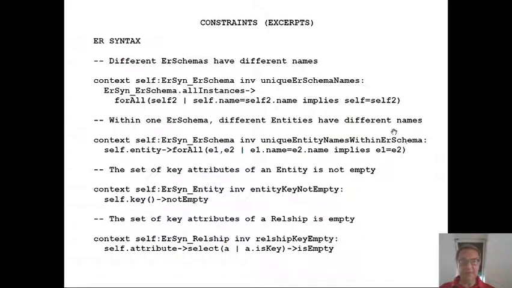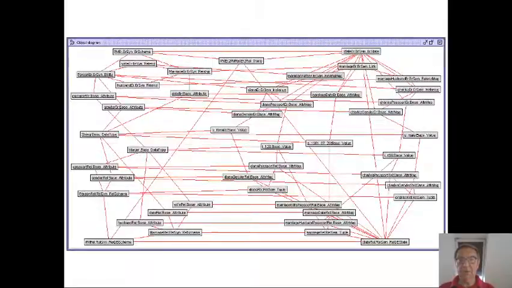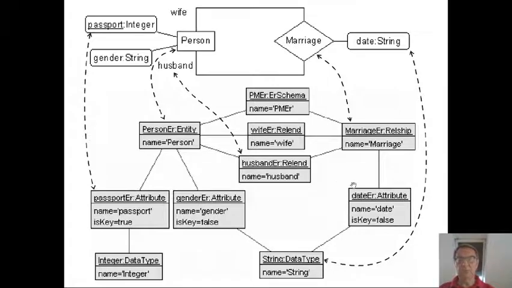So this is an OCL constraint that is formulating and making precise this textual requirement here. So this means this is a rule: when we now extend this ER schema and we build a new entity, a new rectangle here, a rectangle that represents an entity, then we cannot have a second entity that is also called person.